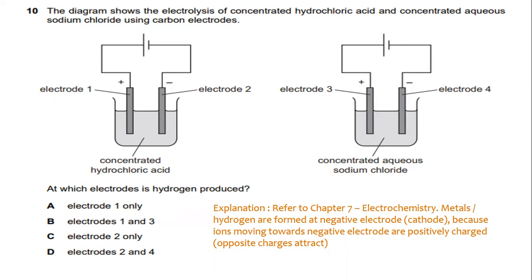So in this diagram, where is the cathode? The cathode is at electrode 2 and electrode 4, because ions move toward the negative electrode if they are positively charged. So the answer for number 10 is electrode 2 and 4, which is D.